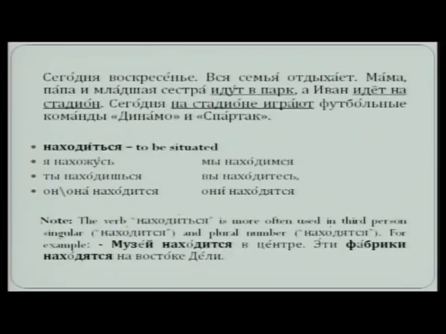You must practice all these verbs on your own at home so that by learning and revising them you will be able to understand the right and correct conjugated forms of verbs in your own sentences. Please note that the verb nakhojitsa is more often used in third person singular like nakhojitsa and plural number nakhojatsa.